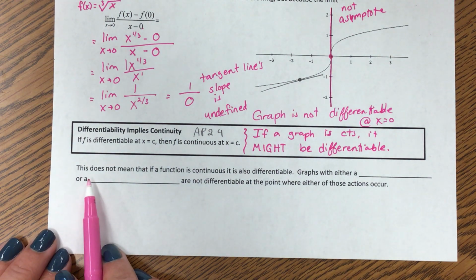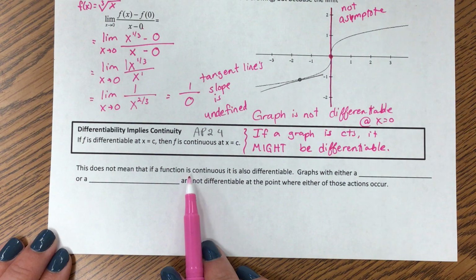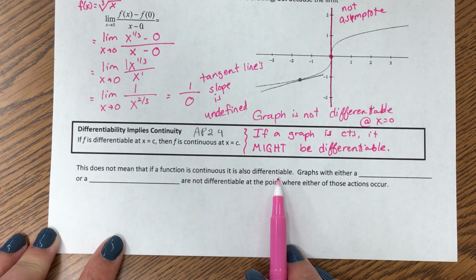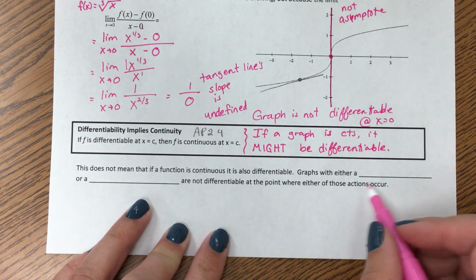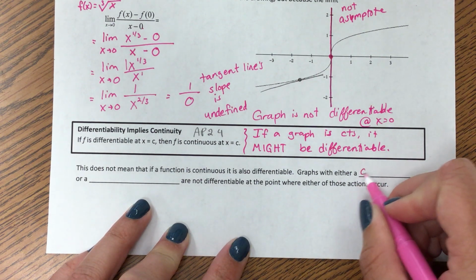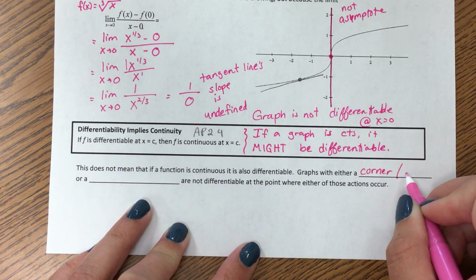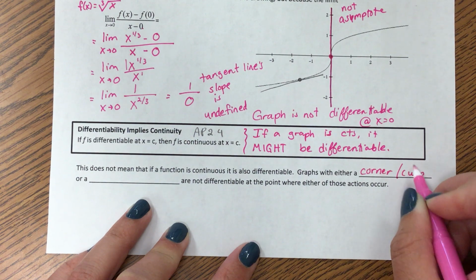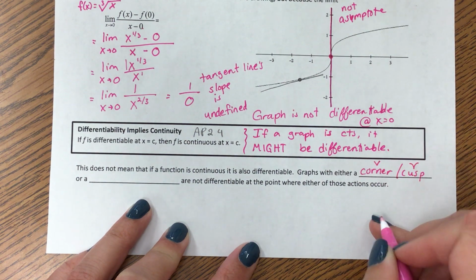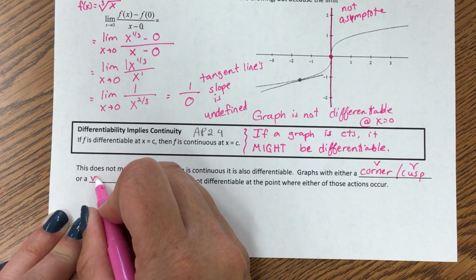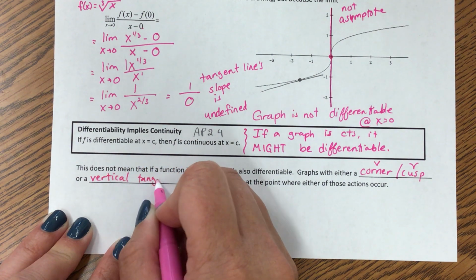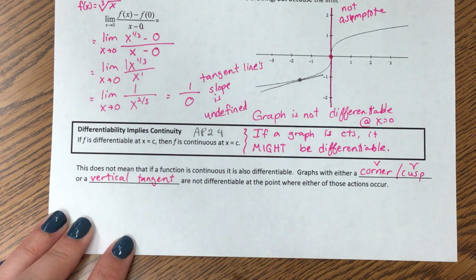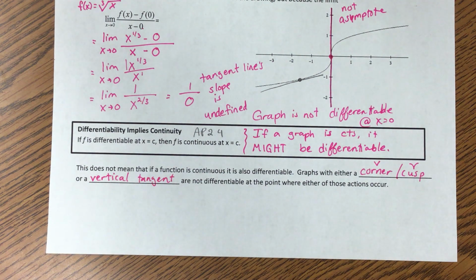So this does not mean that if a function is continuous, it's also differentiable because of the things that we've done on this page so far. Graphs with either a sharp corner or a cusp, which was this thing, so corners and cusps, or a vertical tangent line are not differentiable at a point where either of those actions occur.